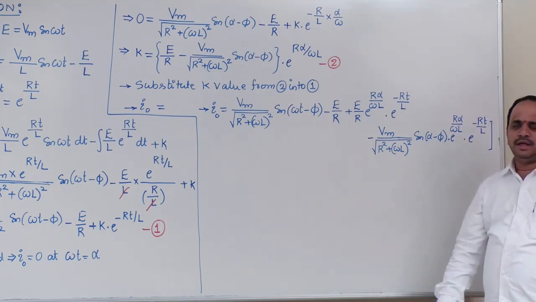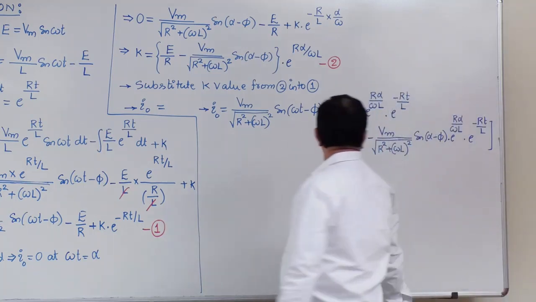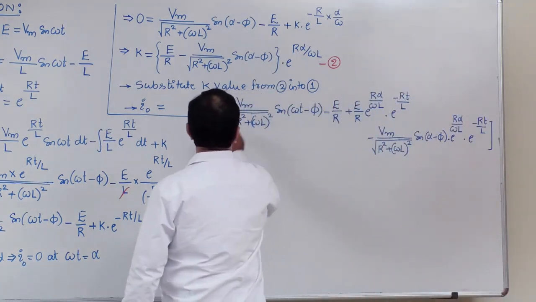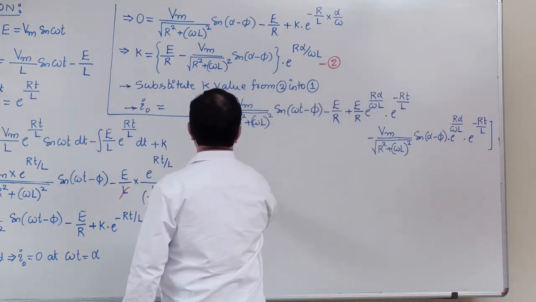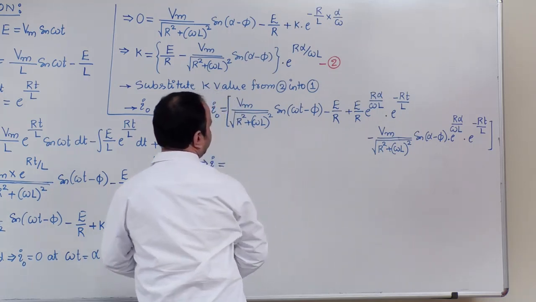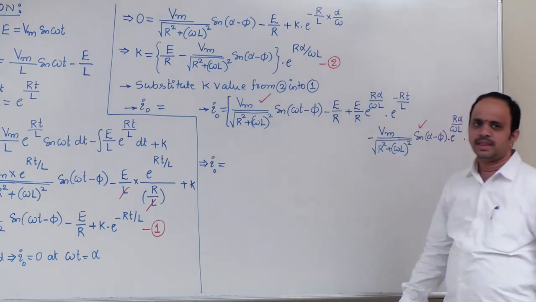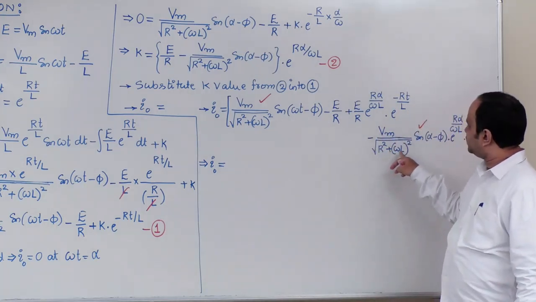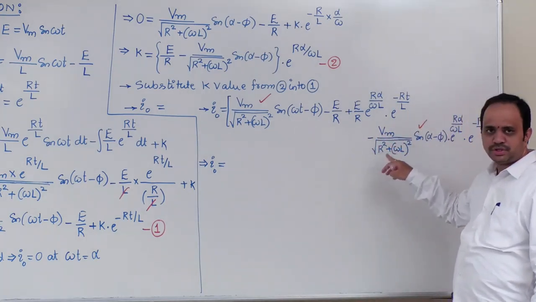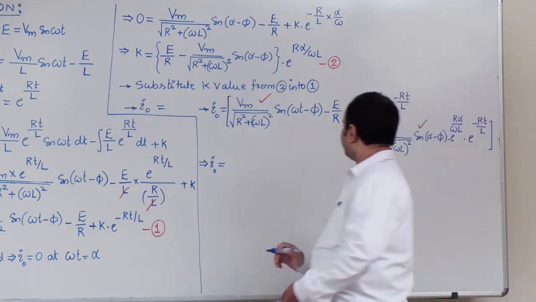Now I can rearrange this term like this. I naught is equal to, now observe carefully, from the first term and last term I would like to take this particular Vm by under root term common. Then what we will get?